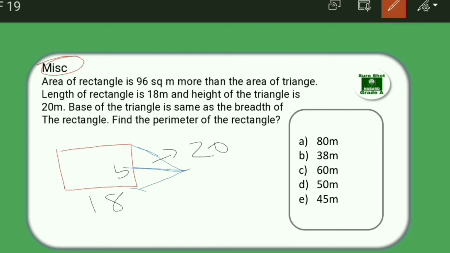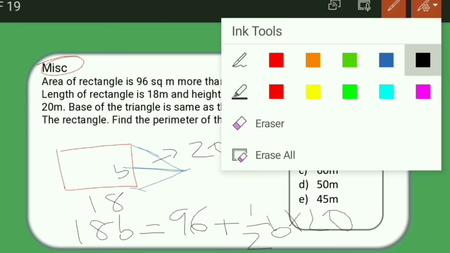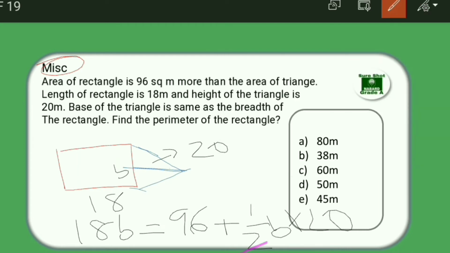Here it is the base. The area of the rectangle, as said, is length into breadth, 18b, which is 96 square meters more than the area of the triangle. What's the area of the triangle? Half b h, and h is given as 20, so it goes to 10b. 18b minus 10b, 8b equals 96.